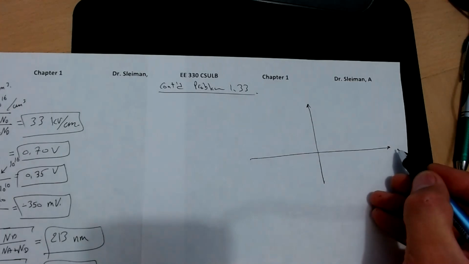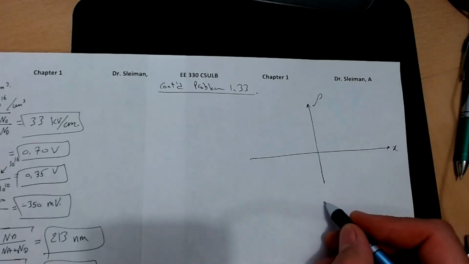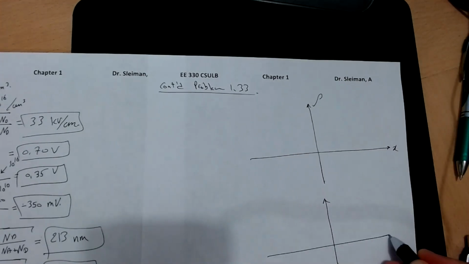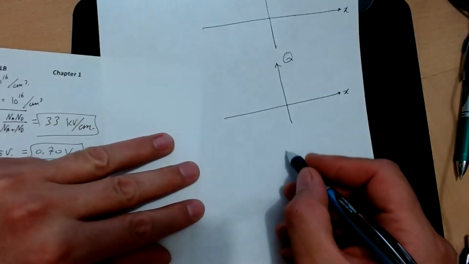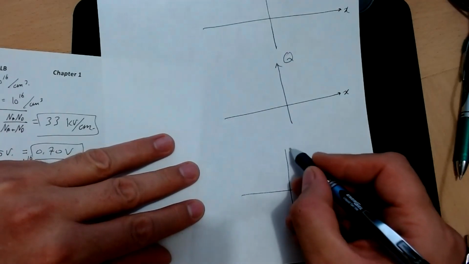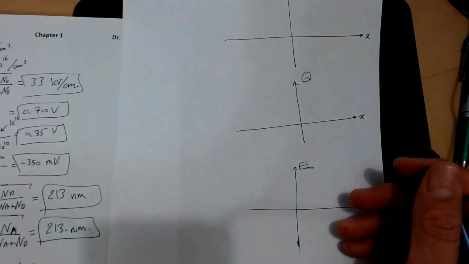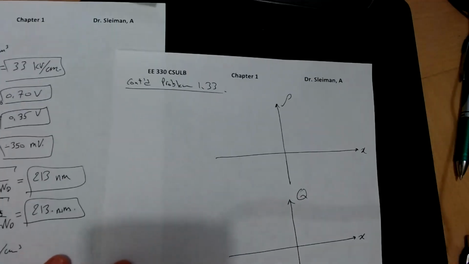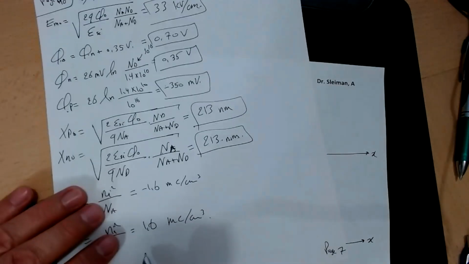So this is X. This is rho. Also, I'm going to do just one value. This is Q, and also this is for the EM0. So for rho, we have negative 1.6 and 1.6.